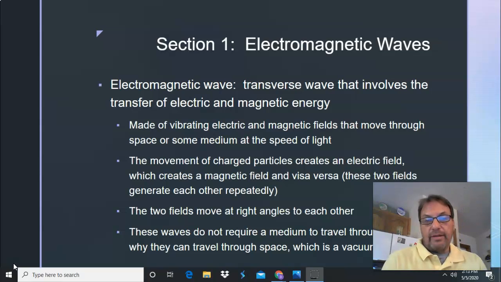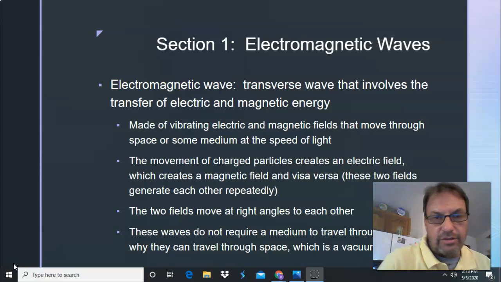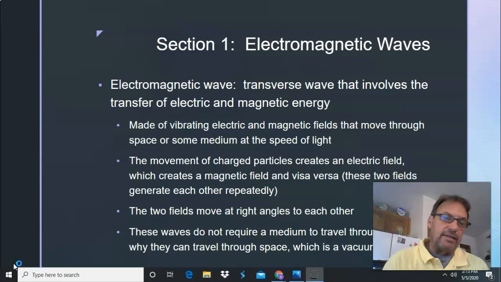I want you to keep in mind that these always work together and they work at right angles to one another. So if electricity is traveling on a plane horizontally, then the magnetic field is going to be perpendicular to that. I want you to keep in mind that electricity and magnetism work together a lot.